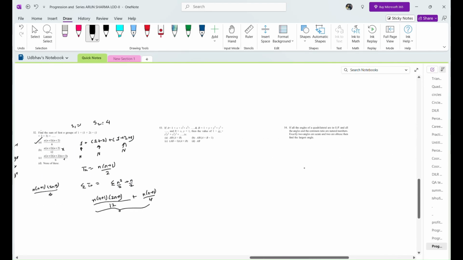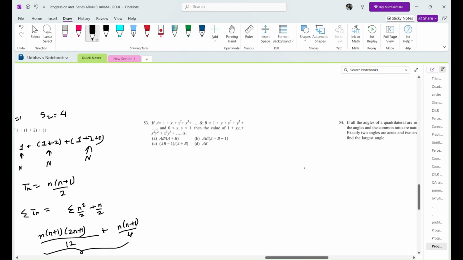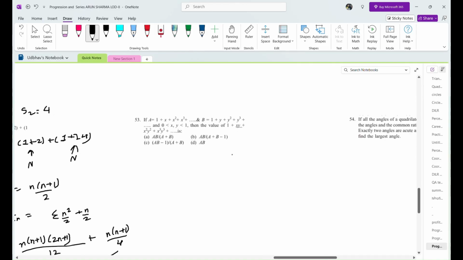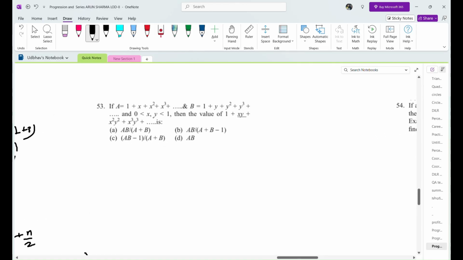3 more questions. 53 says if a equals to this and b equals to this, then the value of a is 1 plus x square plus x cube. It's a GP.